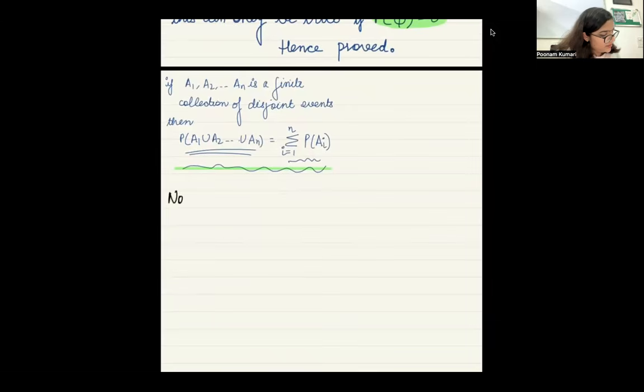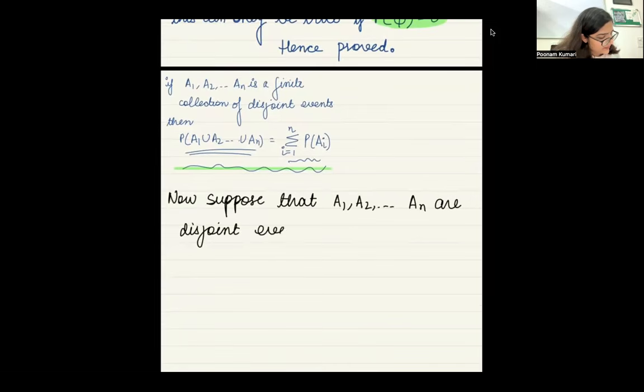Now suppose that you have events A1, A2 up to AN. They are disjoint events, right? And what you can do is add a list of other events which are null events.